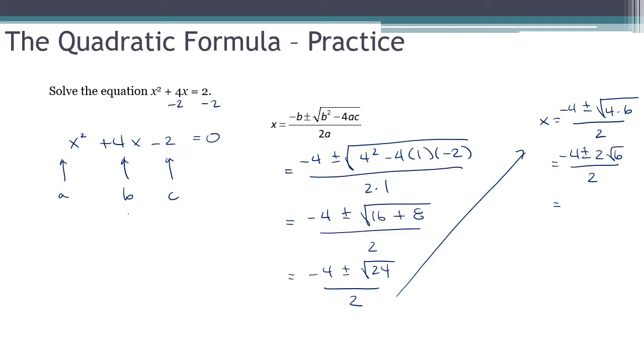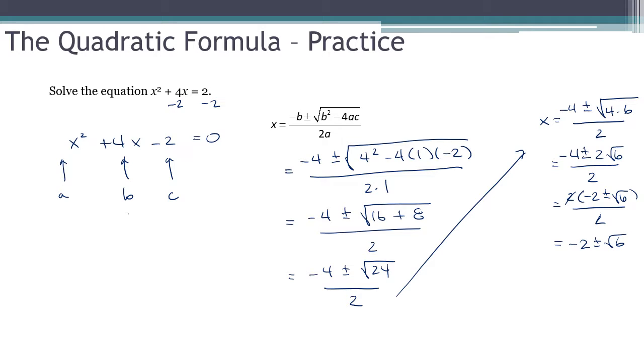And now I'm thinking I can go even further, because both of the terms on the top, I can factor a 2 out. So this becomes 2 times negative 2 plus or minus the square root of 6, over 2. The 2's cancel. And now I get my final answer, negative 2 plus or minus the square root of 6.